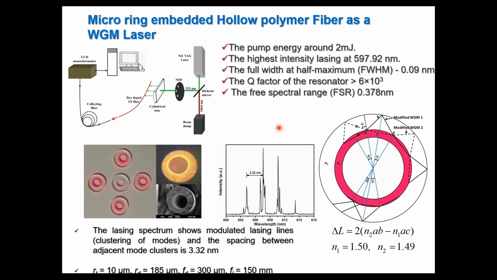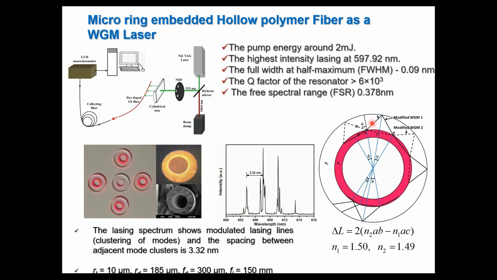The mechanism working over here is that the normal WGM is modified into two modified WGMs. You can see this from this point. For example, it is getting split: from this point, some part of the light is getting reflected and comes back to this point B, but the other part is getting refracted and reaches the point D. So from point A to D, you have either this reflection or this refraction.